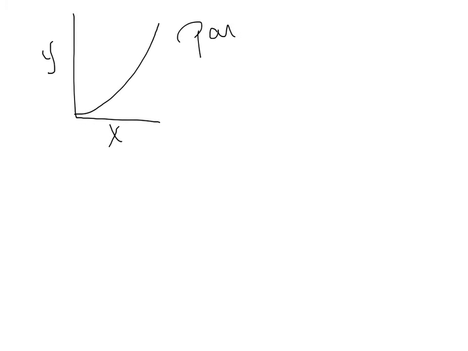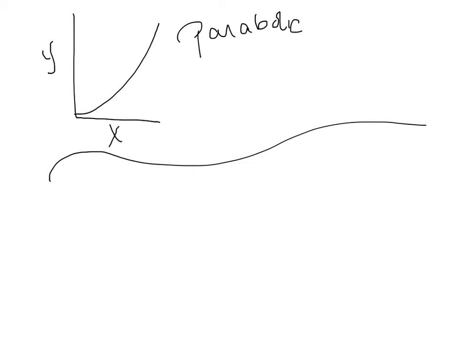Okay, the next type of graph is one that's parabolic. So from algebra, you should remember it's a parabola. It's not a straight line, and we need to linearize it.